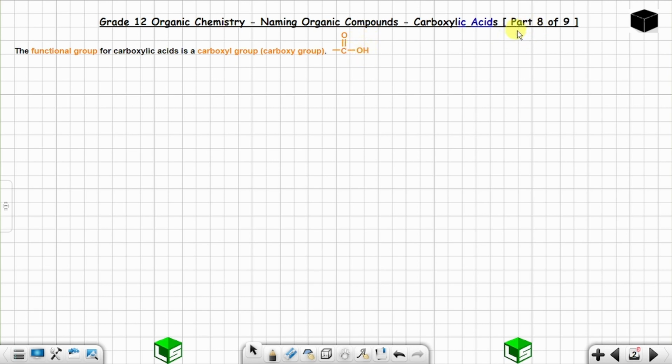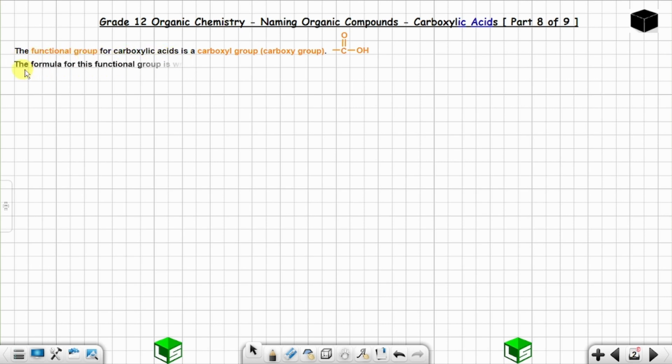Remember from part 6 of 9 on naming ketones, you have the carbonyl group in the ketones, and from part 5 of 9 on naming alcohols, you have the hydroxyl group, which is the functional group for alcohols. All together, the hydroxyl group and the carbonyl group make up the carboxyl group, which is the functional group for carboxylic acid.